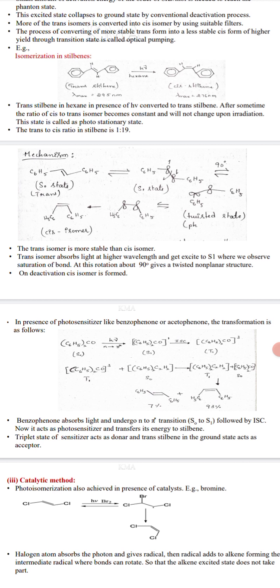So it goes to the singlet excited state. When the singlet excited state is rotated by 90 degrees, you will get a twisted state structure. It is called phantom state. So this will give rise to a cis isomer.